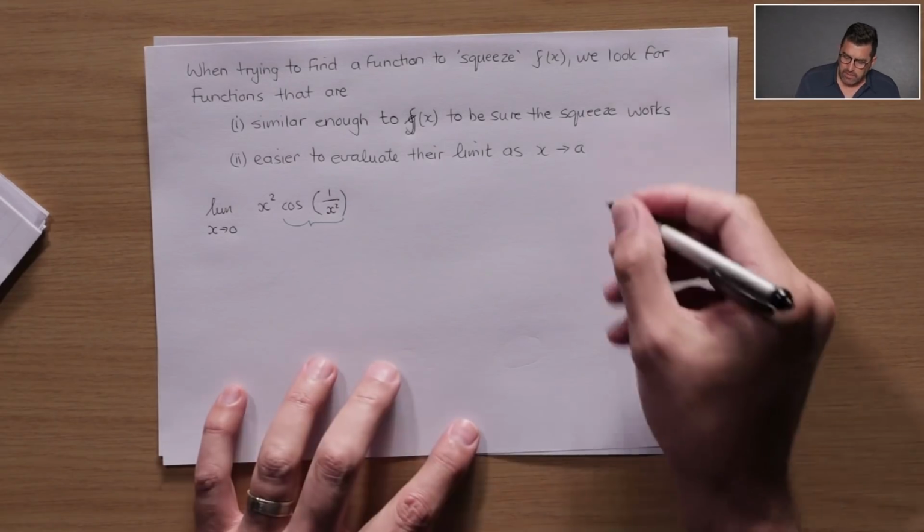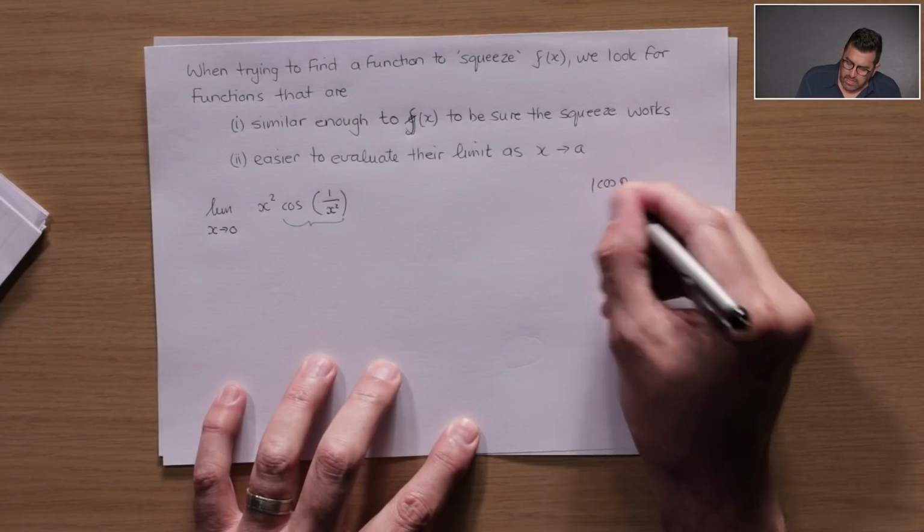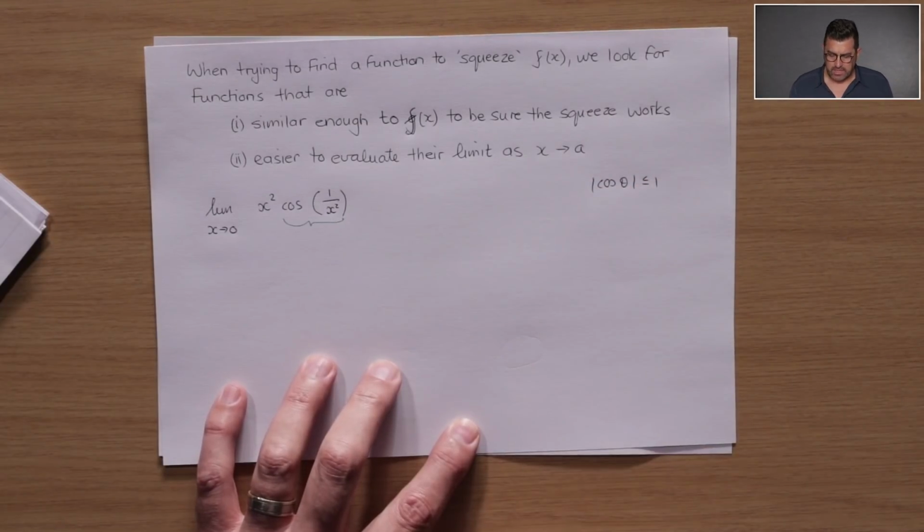Because we know from school maths that the cosine of an angle will never be higher than 1 or lower than -1. I'm not talking about 3 times that cosine. I'm talking about the cosine of theta. Remind yourself, the cos of theta lies between 1 and -1.